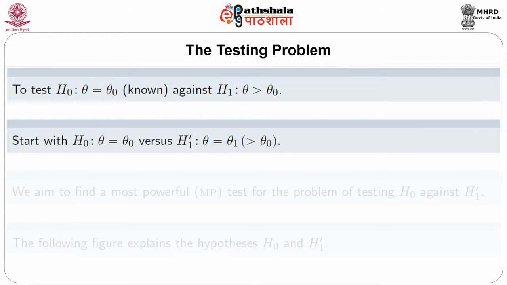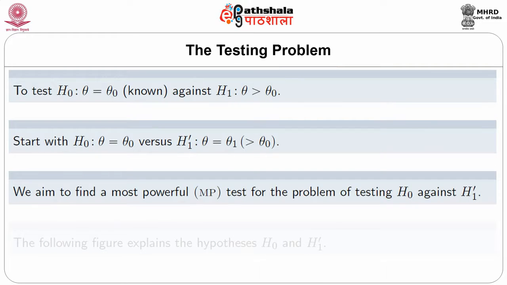So first start with H0: theta = theta0 versus H1': theta = theta1, which is greater than theta0. So here the null hypothesis is simple and the alternative hypothesis is also simple, and we aim to find a most powerful test for the problem of testing H0 against this H1'.